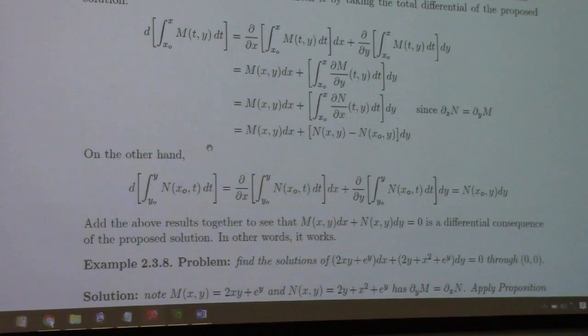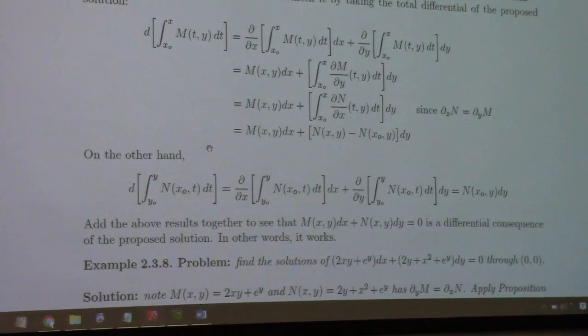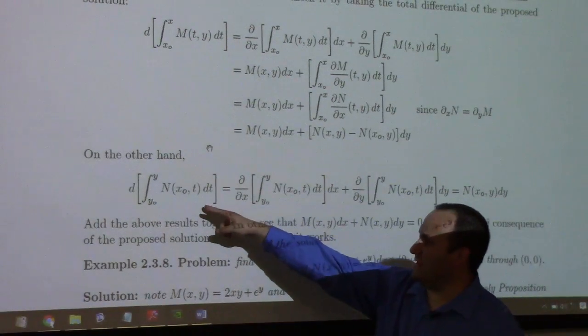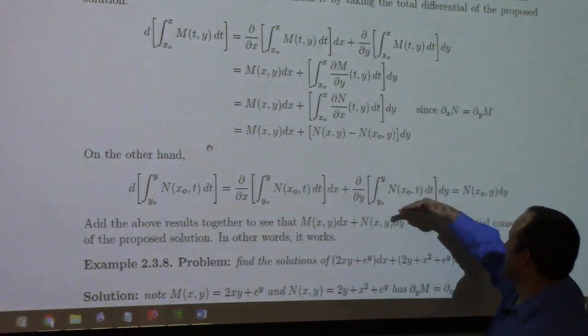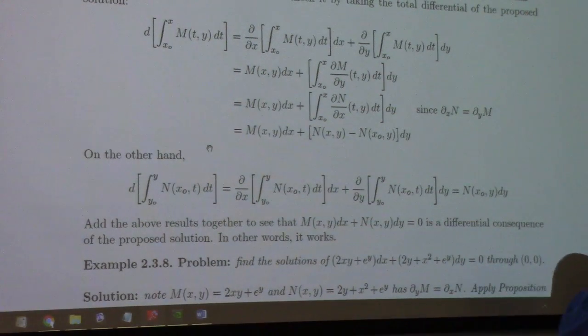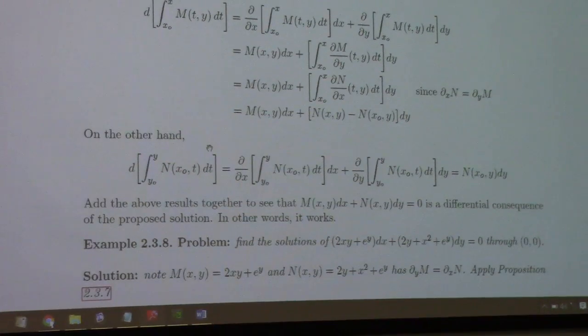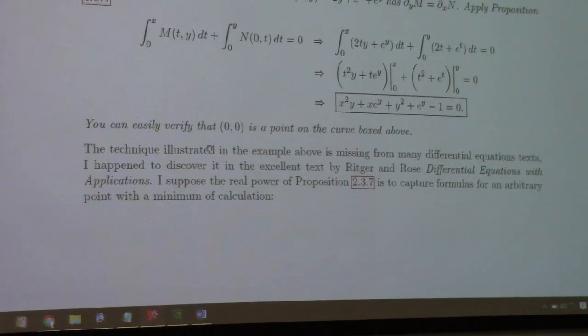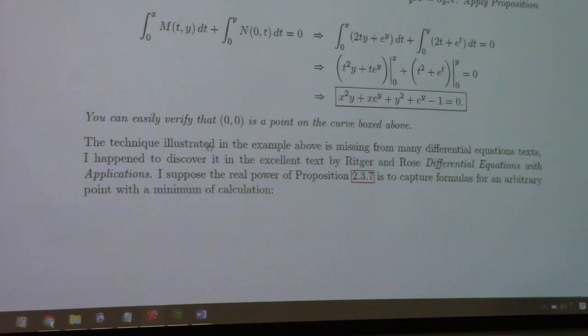This is the differential of the m piece, and this is the differential of the n piece. When you add them together, they cancel. Anyway, I showed you an argument for it already. I don't need to show you two arguments. I probably won't even test you on this in all likelihood. It's just something I wanted to show you because I think it's neat.